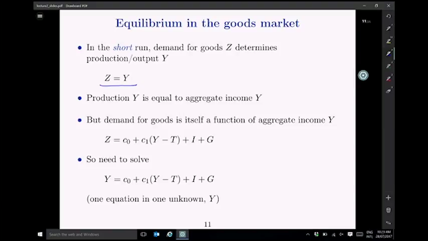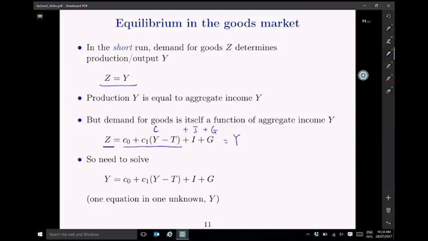And what we are having now is that aggregate demand itself, by definition, is given by consumption plus investment plus government spending, which equals aggregate output in equilibrium, right?